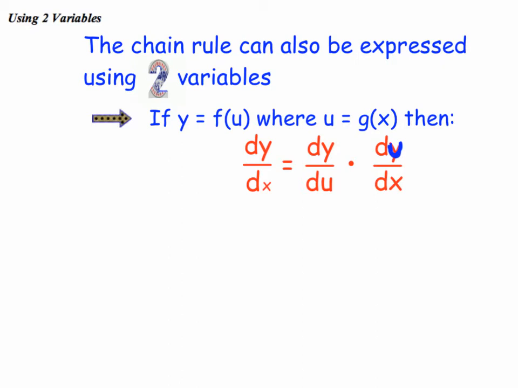Using two variables. Sometimes the chain rule can be used when there's two variables. So in the question, you'll have an expression that has two variables and one will equal something else.